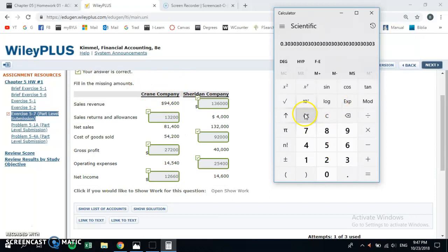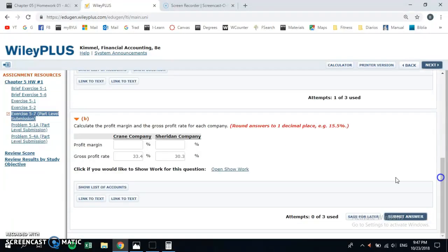Net income is 12,660 divided by net sales, 81,400. That's our result, but we have to express it as a percentage. In this case, it will be 15.6 because that's the way we round it. Let's hope it's okay.